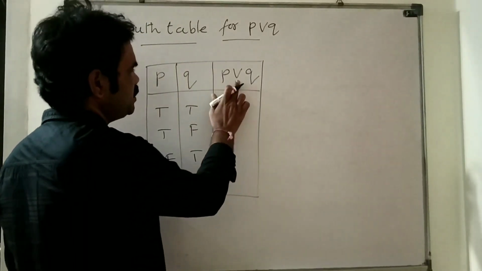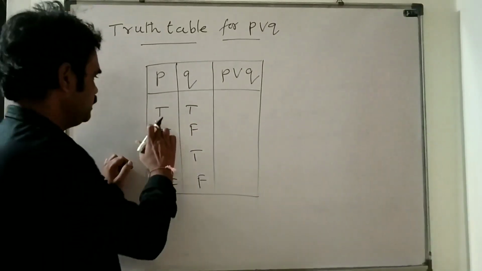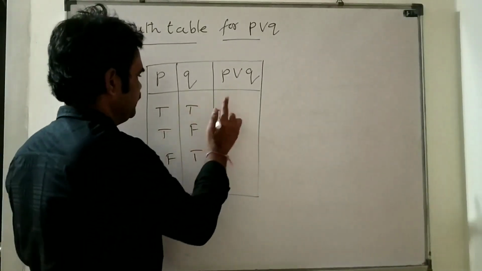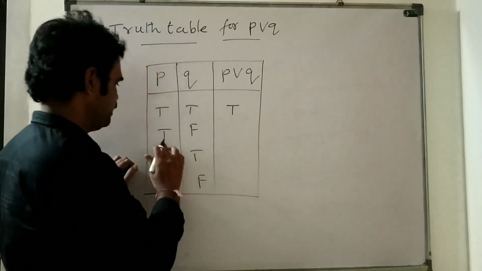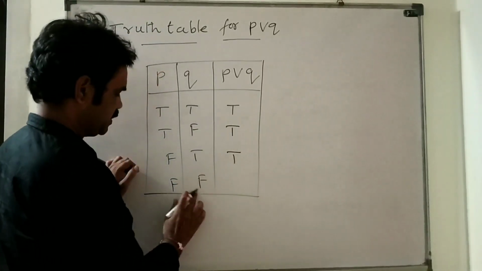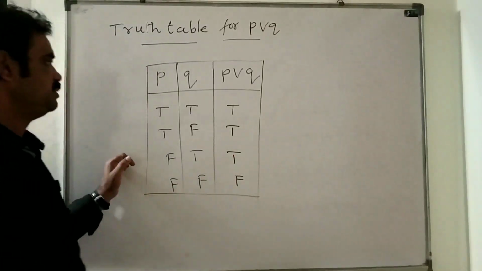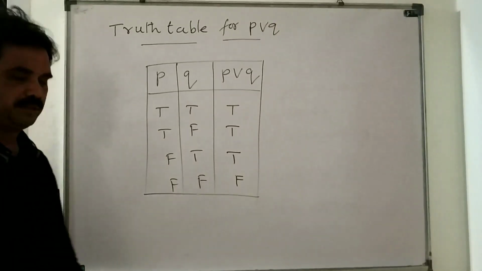Now, you know the disjunction is false only when both the statements are false. Hence TT, P or Q is T. TF, T. FT, T. FF, F, since both are false, disjunction is false. This is the truth table for disjunction.